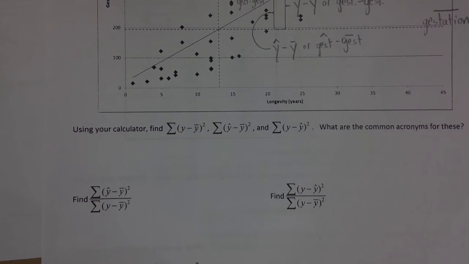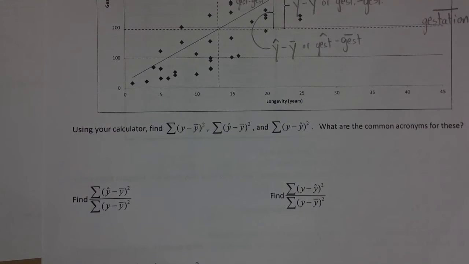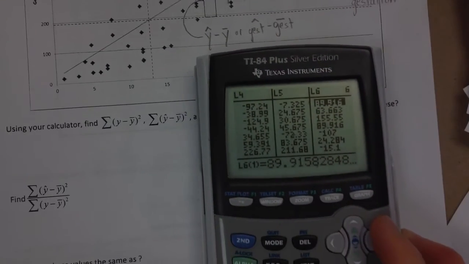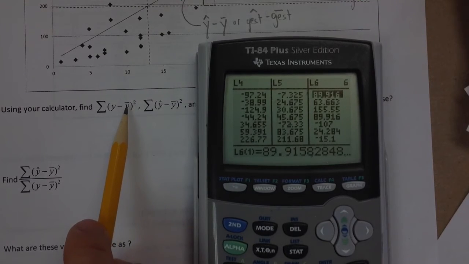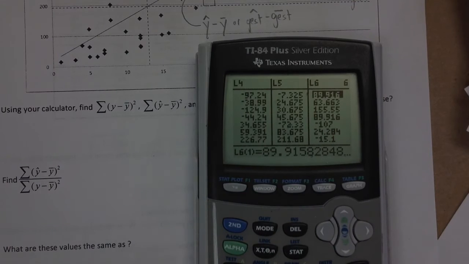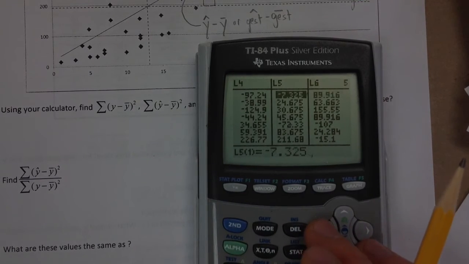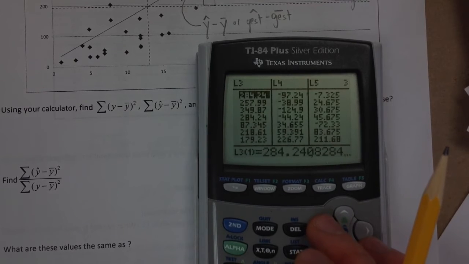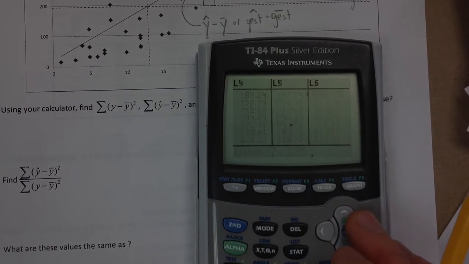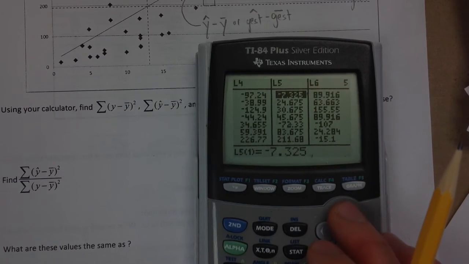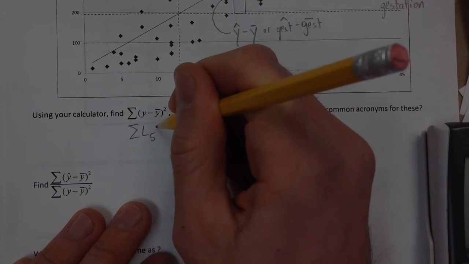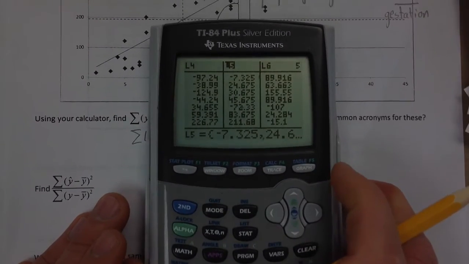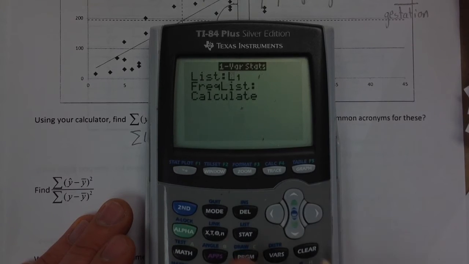Next, using the calculator, find these sums. Easy. StatCalc 1 gives me sums. It also gives me sums of squares, which is even better. So tell me, what list are your y minus y bars in? List 5, right? So go to StatCalc 1, do it on L5.